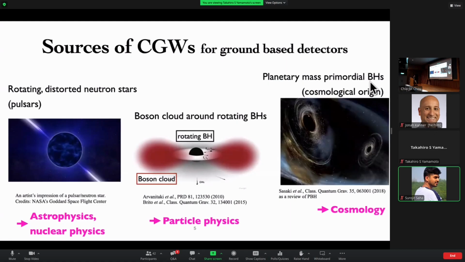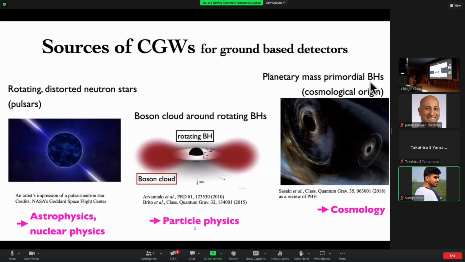And the unique feature of primordial black holes is that they can have a very wide range of masses, from 10 to the minus 15 kilogram to a supermassive black hole or something.